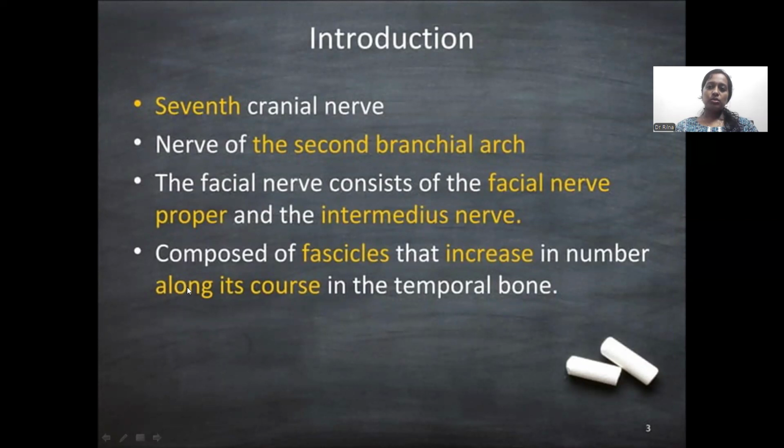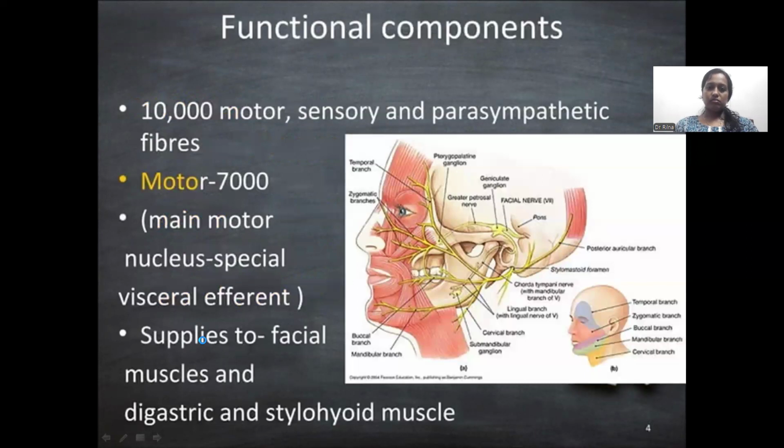And as you know, the nerve consists of fascicles, which increase in number along the course of the nerve. It consists of motor, sensory, and parasympathetic fibers, and mainly it supplies the facial muscles.